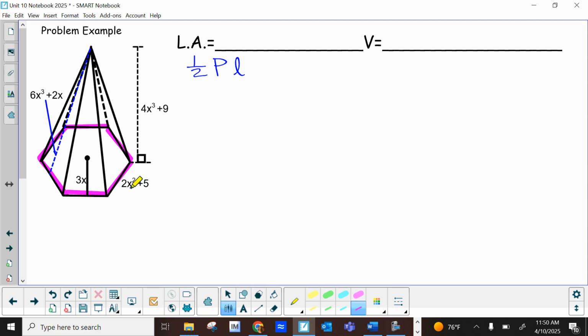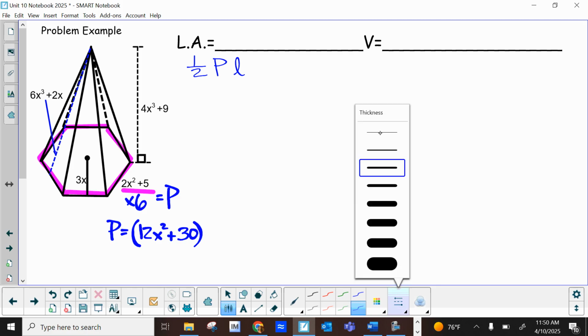So I want to focus on using that side. How many sides do we see? 6. This is an apothem, so that means it's regular. Okay, and so if I multiply that times 6, that's a pretty easy way to figure out the perimeter. So the perimeter is going to be 12x squared plus 30.